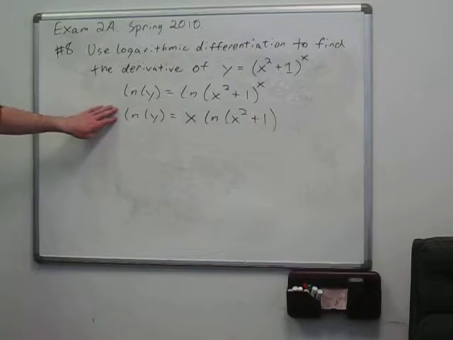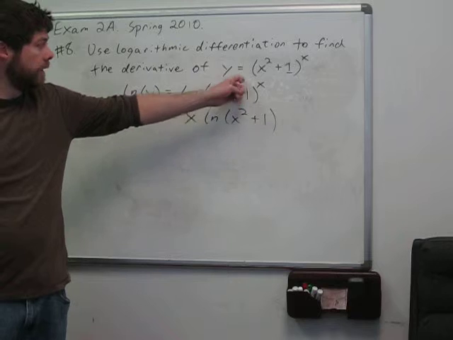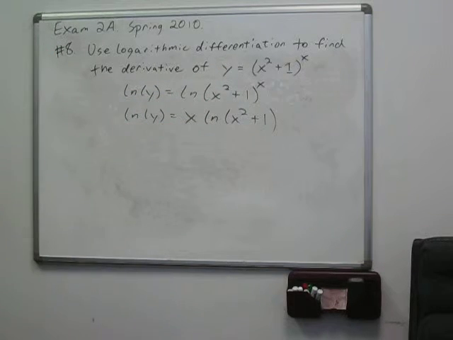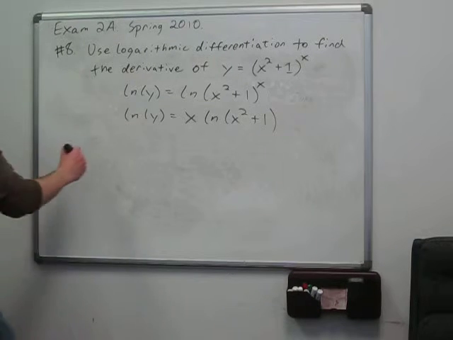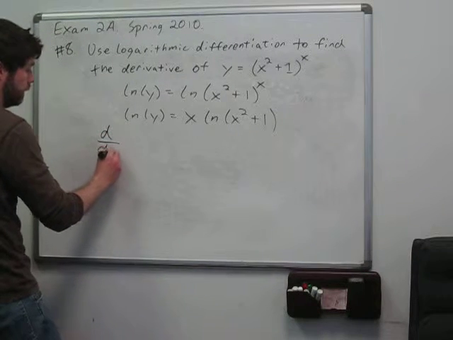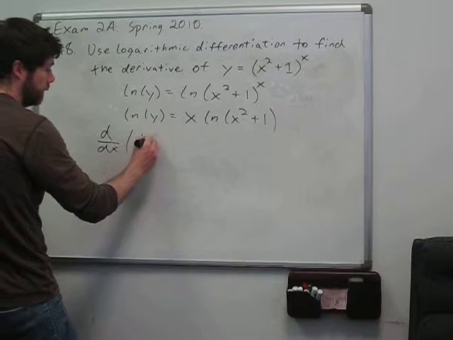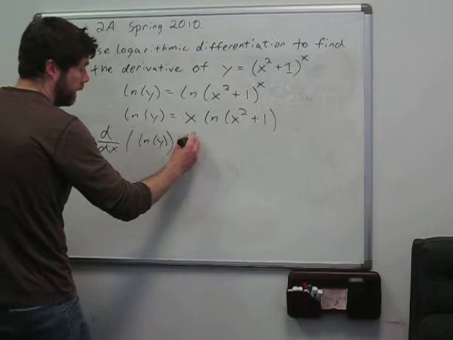So at this point, we have transformed the situation into something that we can work with, because from here we can differentiate in a manner similar to implicit differentiation, right? So the next step is to just take the derivative with respect to x of both sides.